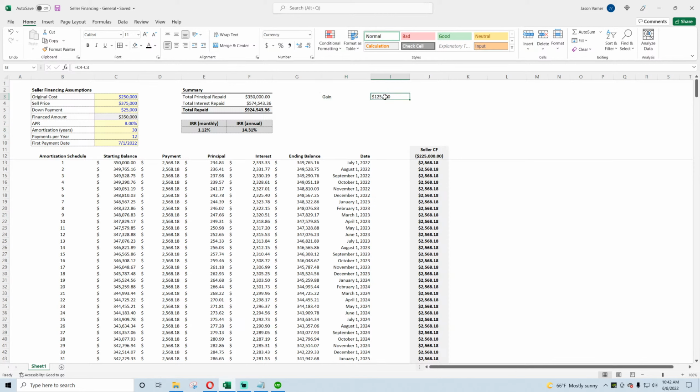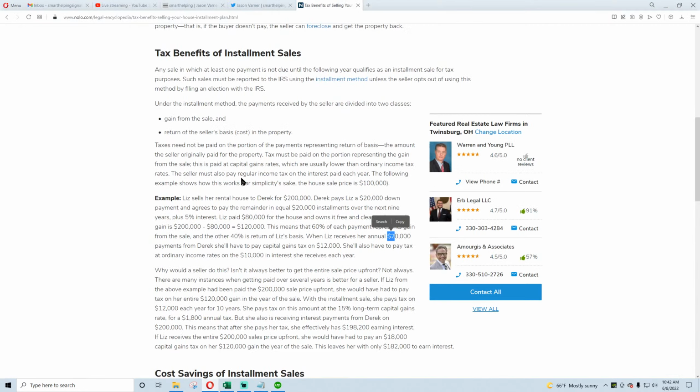So we have a total gain of 125,000. So taxes on down payment would be, let's see how they did this. So 200,000. So basis is 120. 60. Now how do they get to 60%?